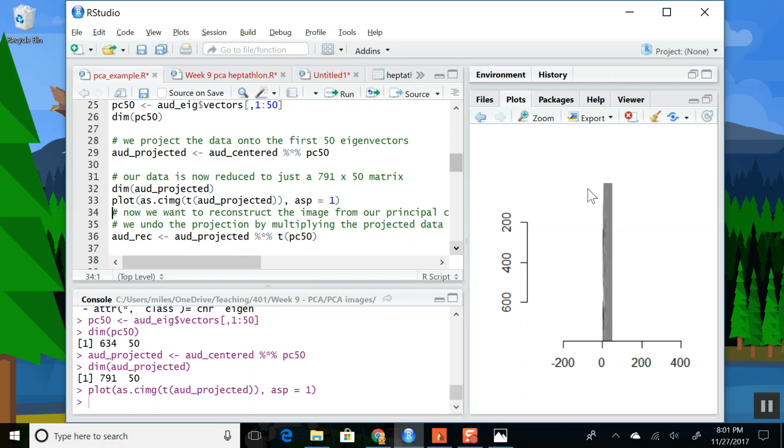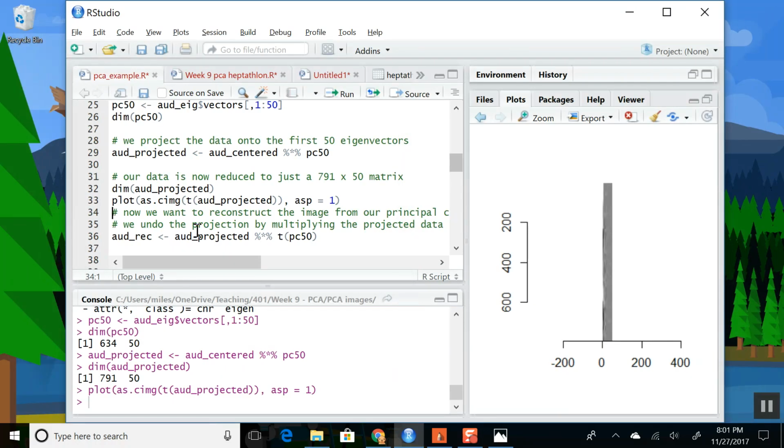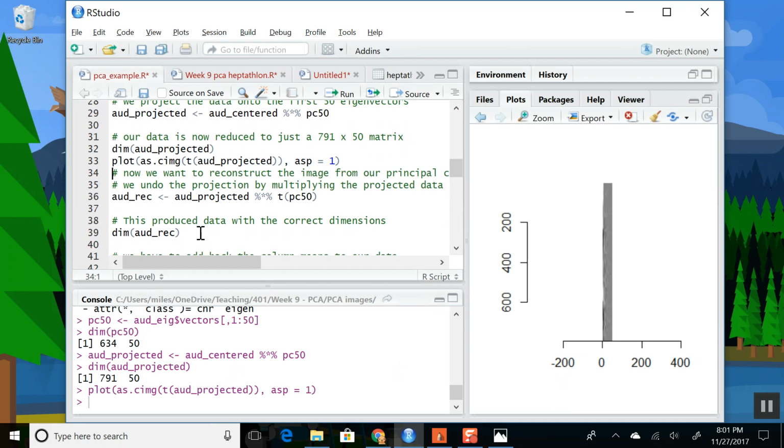It's 791 rows and 50 columns, and it looks like nothing meaningful to us. Okay, we need it back in the form of an image, which is going to be 791 rows and 634 columns. We need to go back.